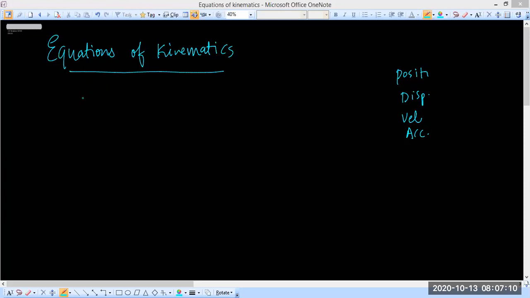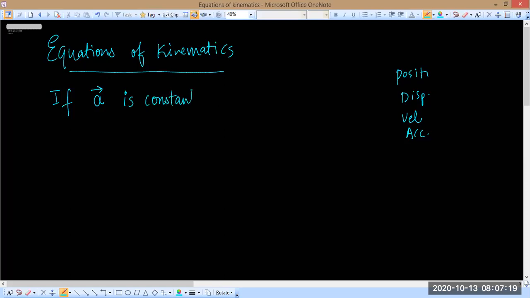So listen to this very carefully. If acceleration vector is constant, it's a vector, so it's a constant. Then we can say that the x component of acceleration and the y component of acceleration, both are constants.